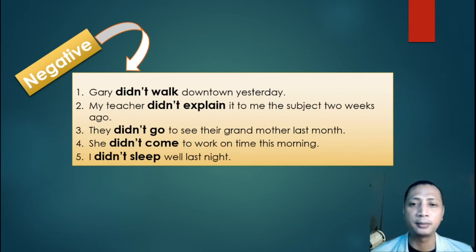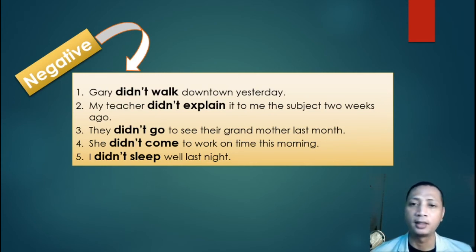And the last, I didn't sleep well last night. So remember, slept in the positive; in the negative we put didn't and then the infinitive, or verb 1, sleep. Thus that is how to change from a positive sentence into a negative sentence.